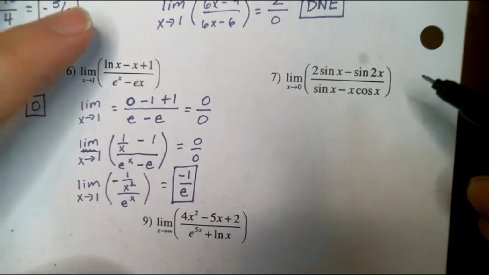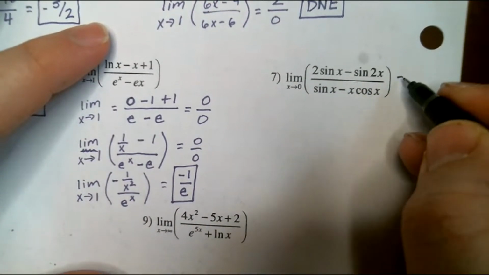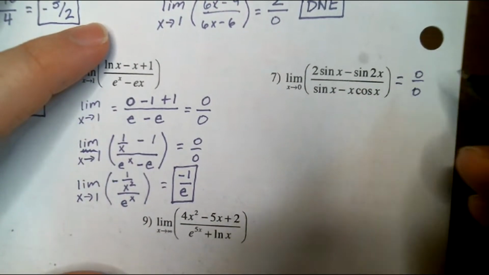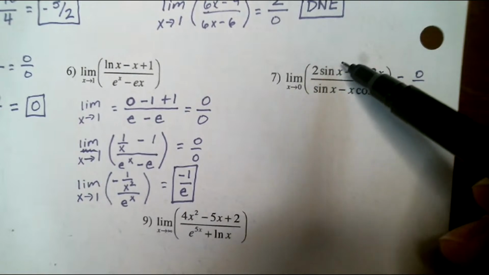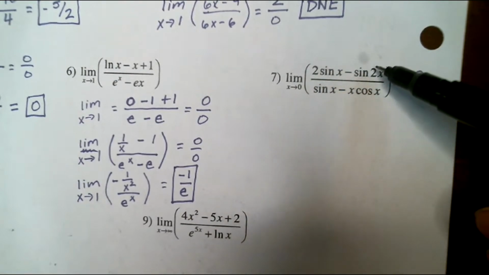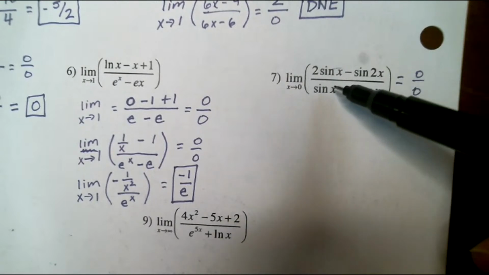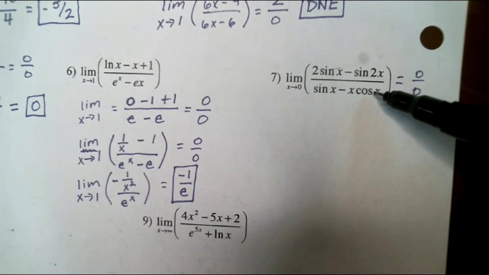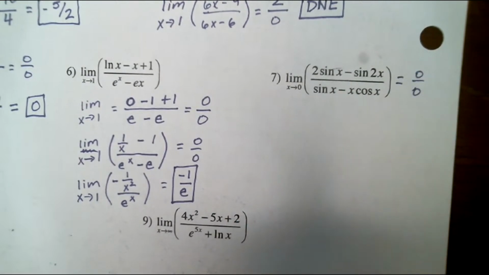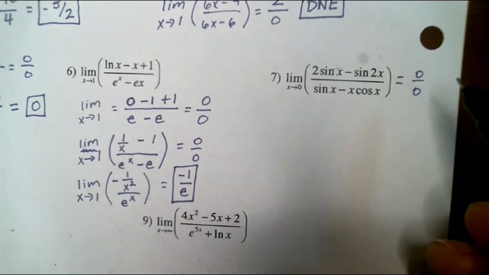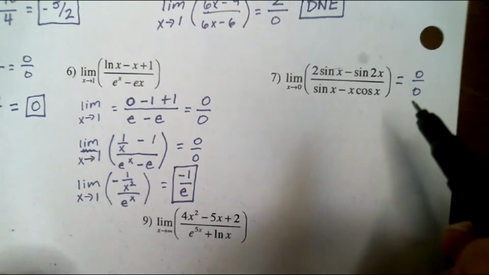You should see really quick that if you plug in the first time, you're going to get 0 over 0. 2 sine of 0 is 0, minus sine of 2 times 0 is 0. So that's 0. Sine of 0 is 0, minus 0 times cosine of 0 would be 0 as well. So it should be pretty obvious that we're getting 0 over 0 in the first one. So then we derive it.